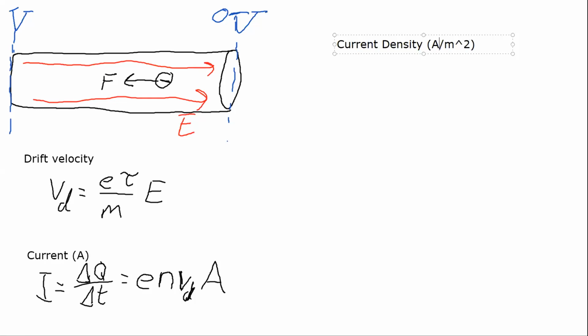So if I'm going to define current density like that, a couple things about current density. First, the symbol we use is J. And J, when we're talking about current density, is a vector. That current density is going to flow in the same direction as current. So let me make a little note here about direction.